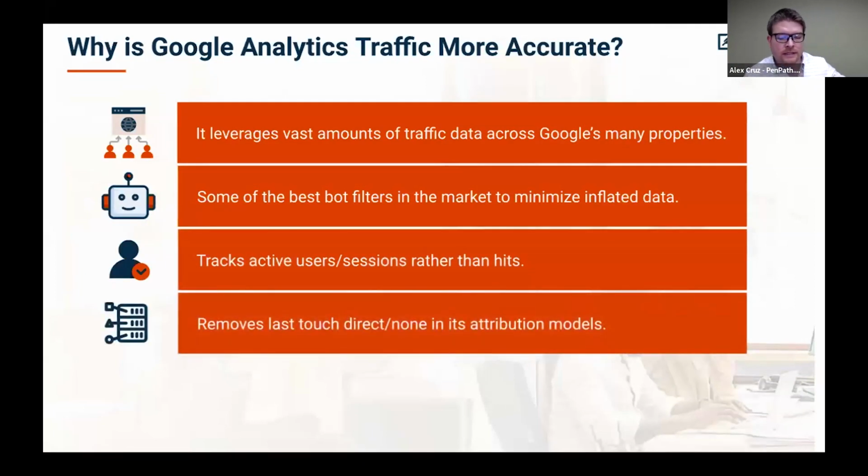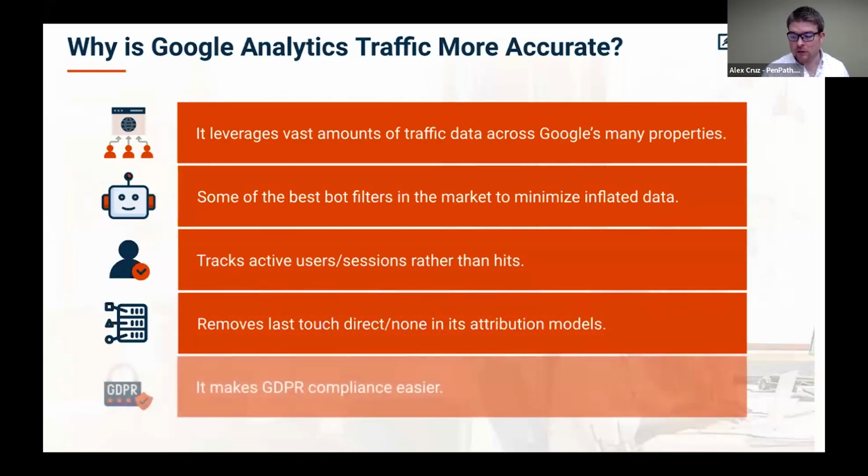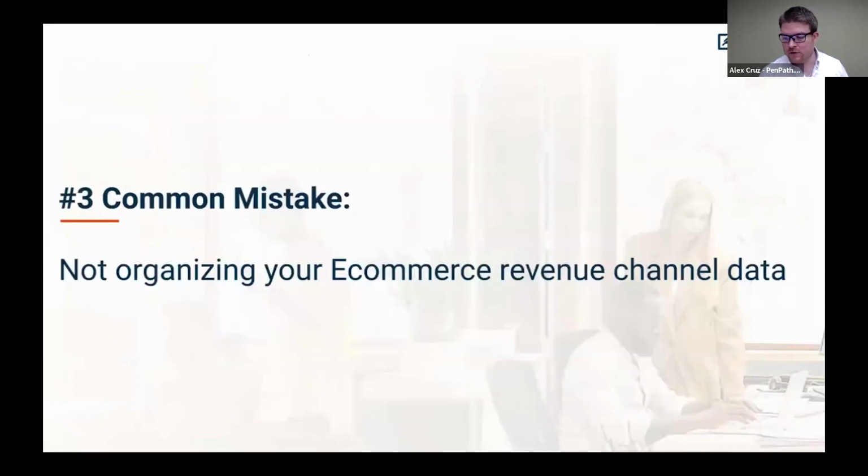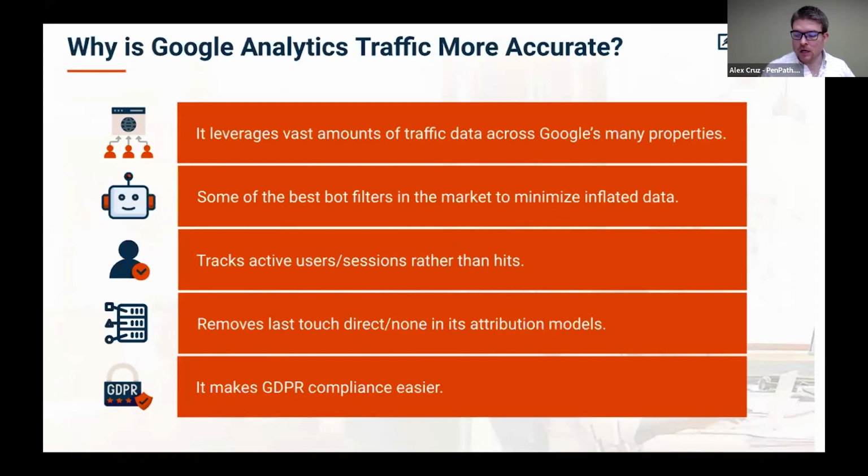One of the nice things, if you are using last touch, is that it removes the direct non-attribution model. And last but not least, it makes everything GDPR compliant, which is really nice when you're overwhelmed with keeping up with everything. Just following the onboarding process from GA4 is really going to help you be more compliant and not have to worry about as many factors there.